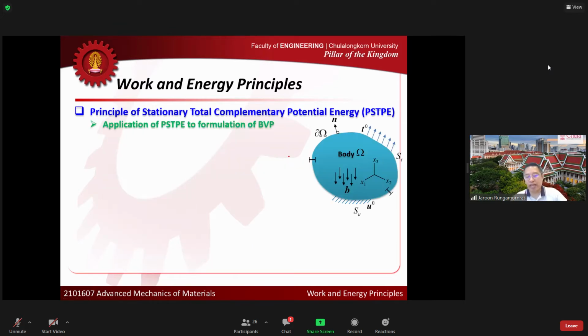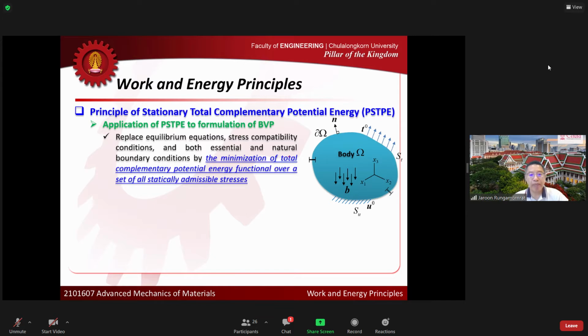This is what I try to mention to you. We can replace the equilibrium equation, the stress compatibility condition, and all the boundary conditions that we have. When we try to formulate the problem in terms of stress field, we formulate in terms of these two governing equations and the boundary conditions.